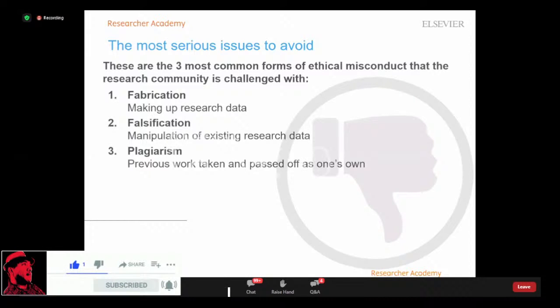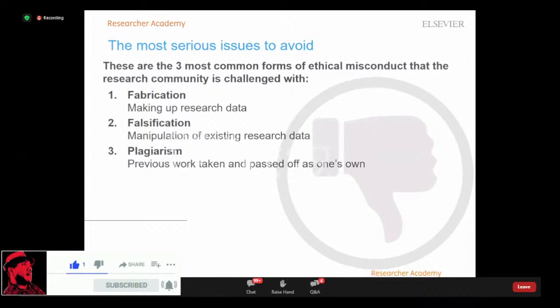So the 3 most important and most seen forms of ethical misconduct are really fabrication, so it's really making up certain data, so you cannot really back it in a scientific manner. Falsification, so that you really manipulate certain data to fit certain trends, and plagiarism is really taking previous work, or taking work, for example, by other authors that has not been published yet, and passing it off as your own.